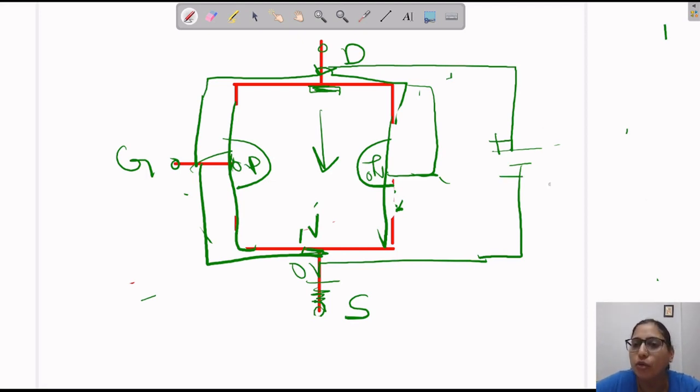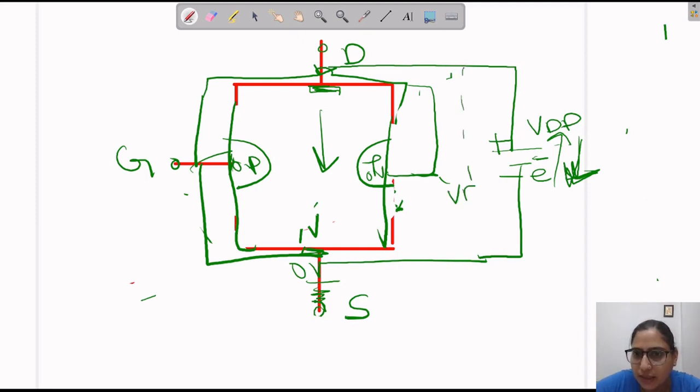Electrons flow from negative potential to positive potential, and current flows in the opposite direction of electron flow. So this is the biasing battery, which we consider as VDD, and the potential between drain and source we consider as VDS.